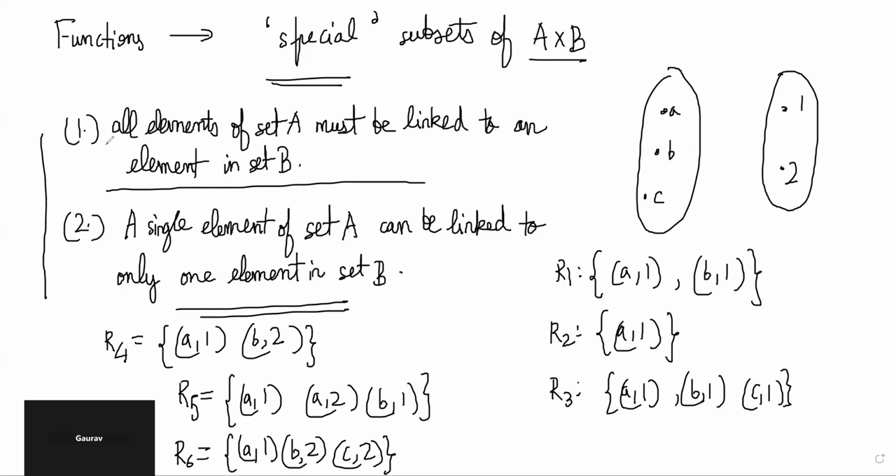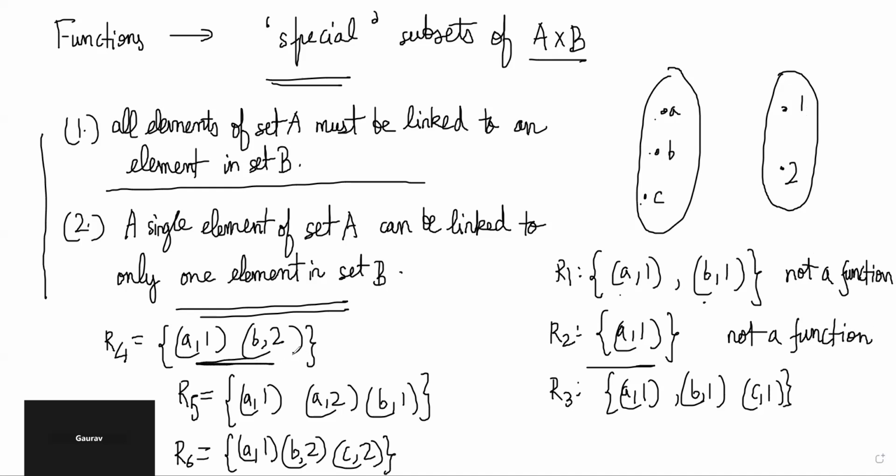So what is the first condition? All elements of A, B, C must be linked to something. For example, you can see in relation 1, only A is linked and B is linked. But C is left alone, right? Nothing is there about C. So this is not a function. Similarly, this will not be a function, right?